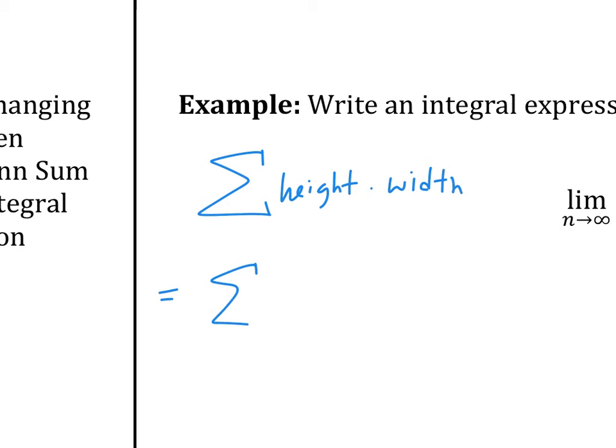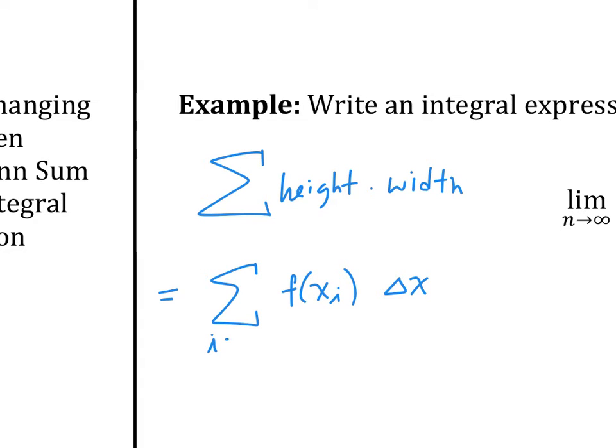Recall that the width of the rectangle is just delta x, how wide each rectangle is. And then the height is a function of x sub i, where you are on the x-axis.